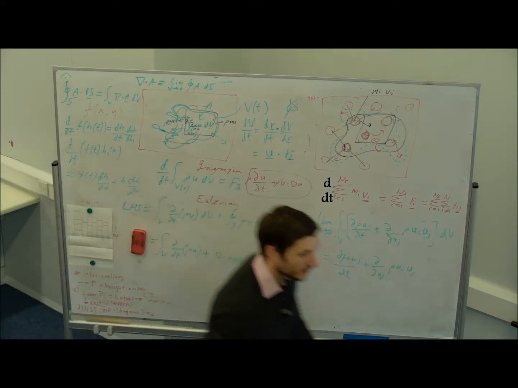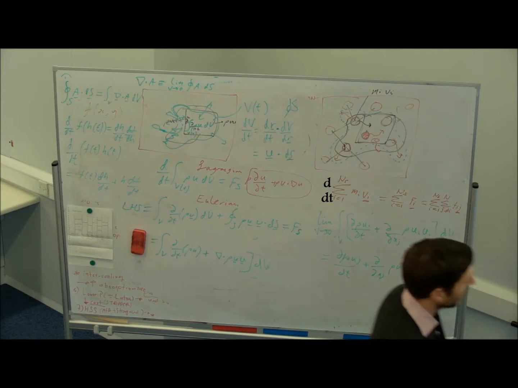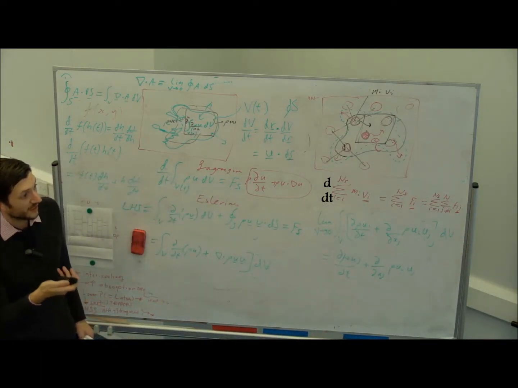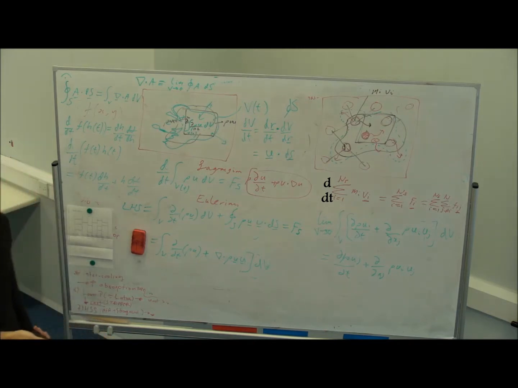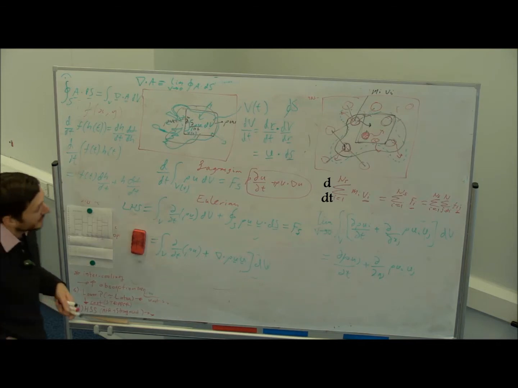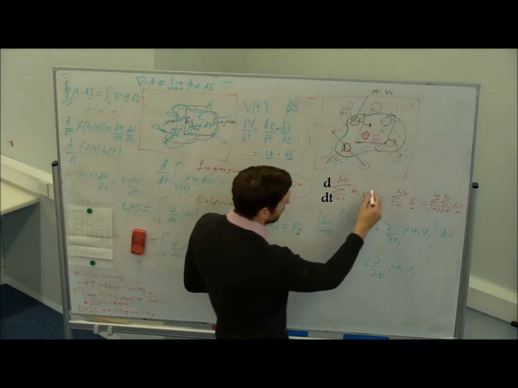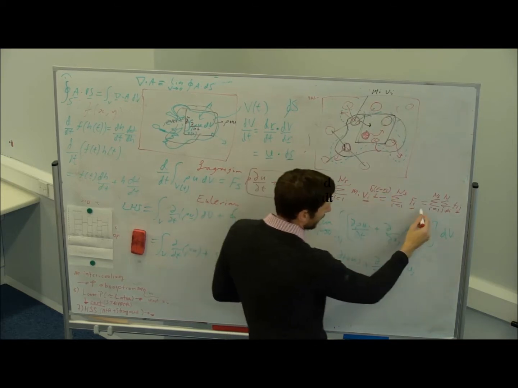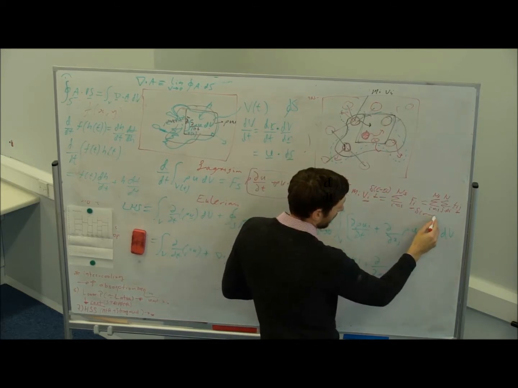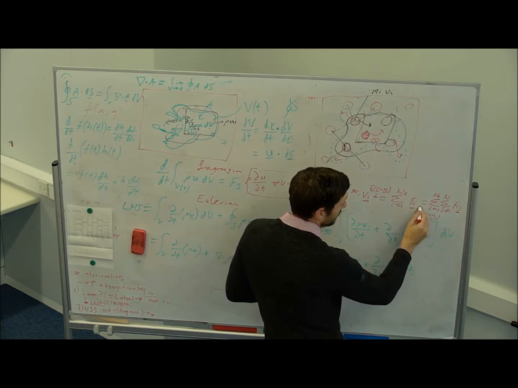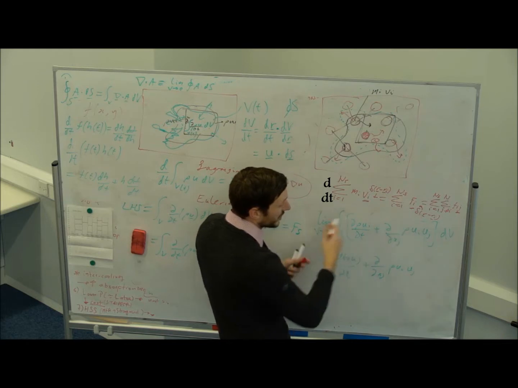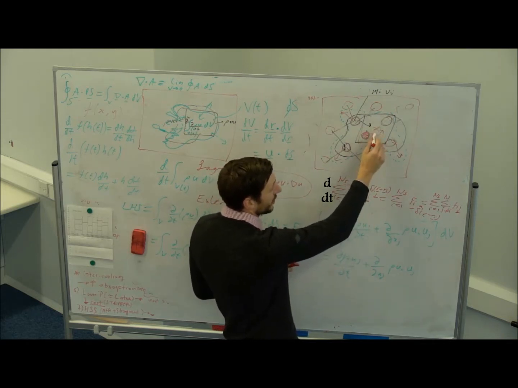Okay, so I mentioned last week that you can do the same thing for molecular dynamics. If you apply the same trick in molecular dynamics, it's the same as multiplying this equation by a Dirac delta function. If we stick a Dirac delta function on both sides of this equation, it has the same action as taking an arbitrary collection of particles and saying we're only interested in the particles at some arbitrary point r.